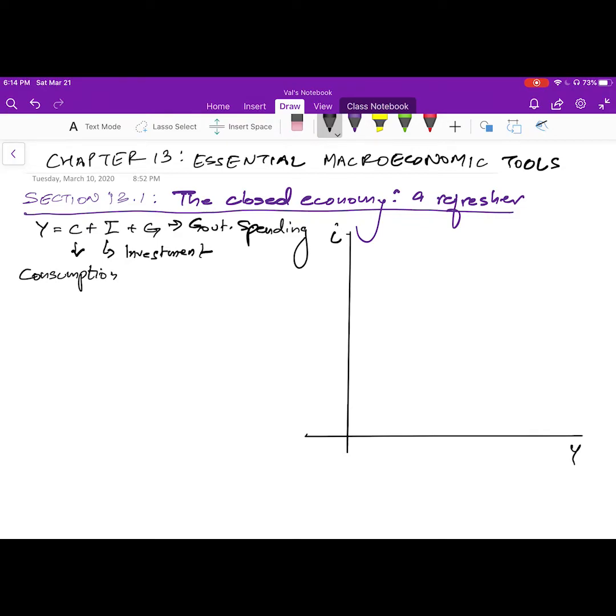Now, if we were to draw an IS curve, the downward sloping IS curve tells us the lower the interest rate, the higher the output, and of course, the higher the interest rate, the lower the output. So let's start with a low interest rate.